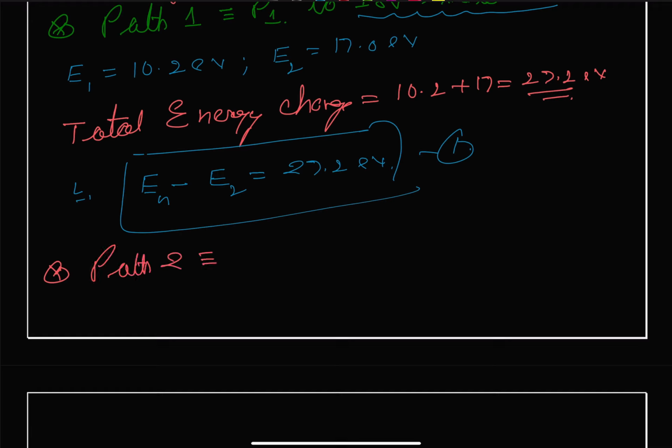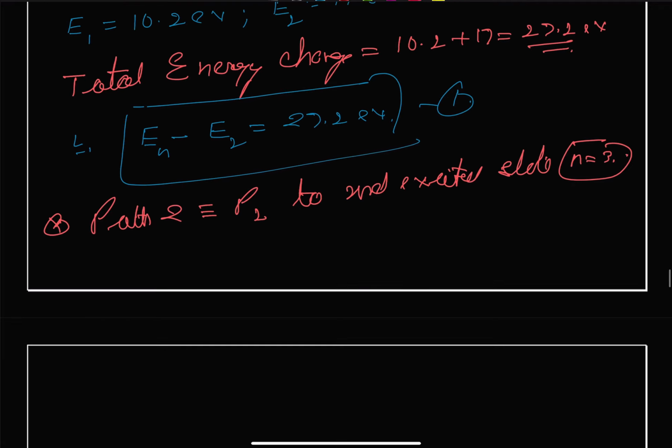Path 2, let us call this P2, and this is the second excited state, which gives us that the value of n is equal to 3. And we can call E1 prime equal to 4.25 electron volt, E2 prime is equal to 5.95 electron volt.